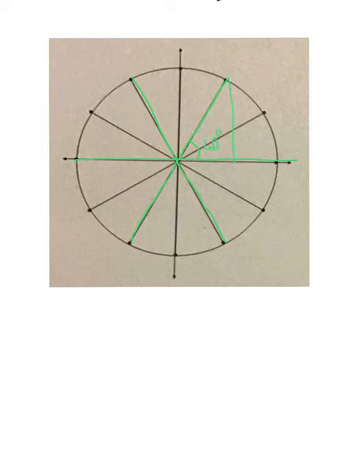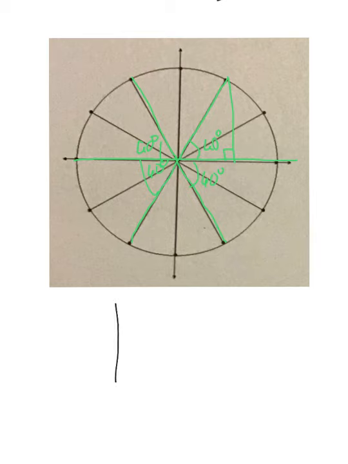So now, if you draw a triangle, you've got another 30, 60, 90. So this reference angle is also 60 degrees. This is also 60. And we have one more 60 in the fourth quadrant.